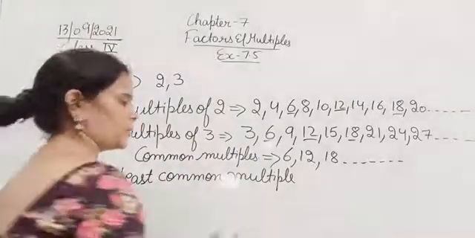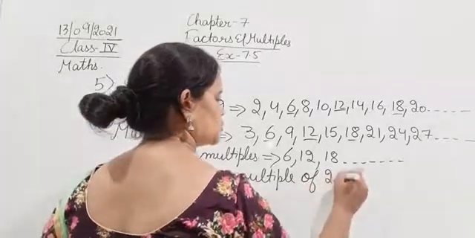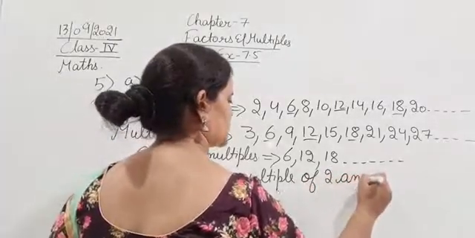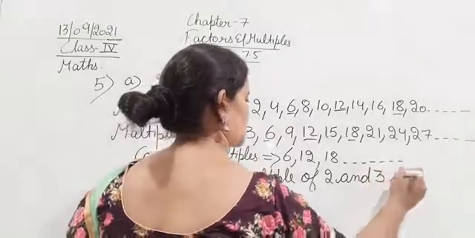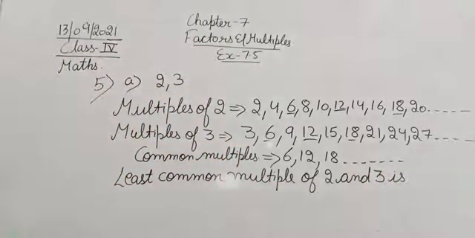The least common multiple of 2 and 3 is, which is the least common multiple? Among all the common multiples, which is the smallest number?